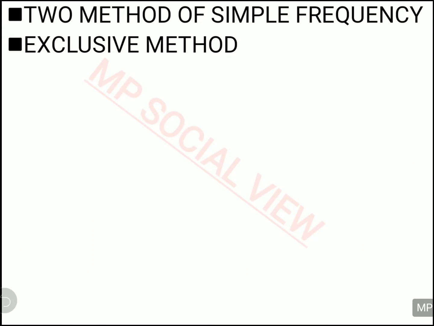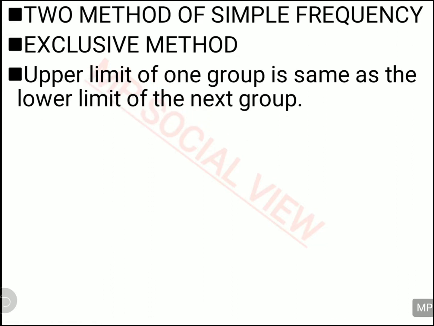Now this simple frequency is actually done in two methods, one is the exclusive method and another is the inclusive method. First we will discuss the exclusive method. In the exclusive method, the upper limit of one class or group is the same as the lower limit of the next group.